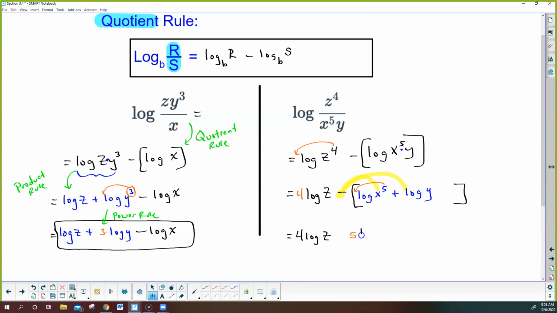And then we're going to keep log of x. So you can see the 5 came down, log of x. But this negative being distributed made this piece negative, and it's going to make this piece negative right here. And that is fully expanded.